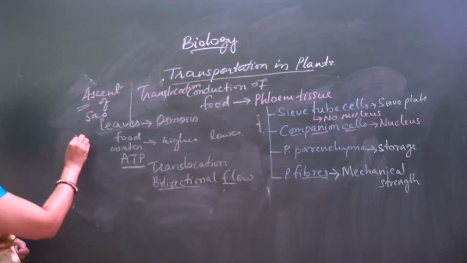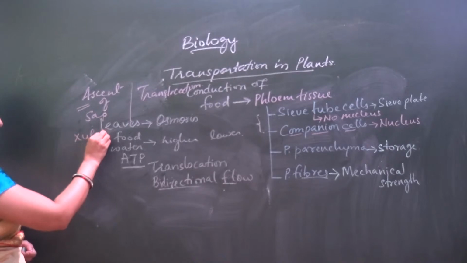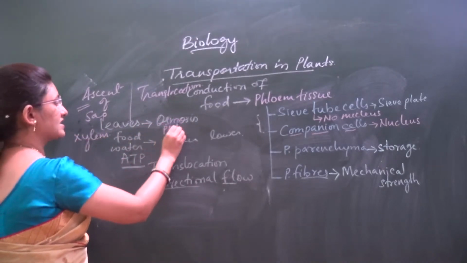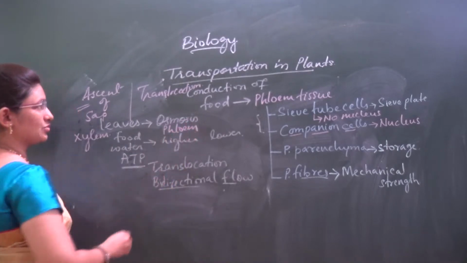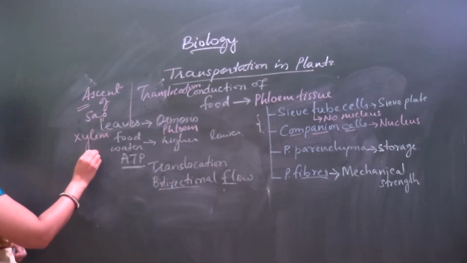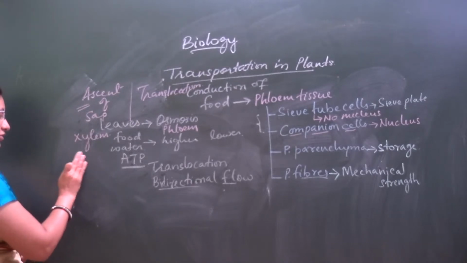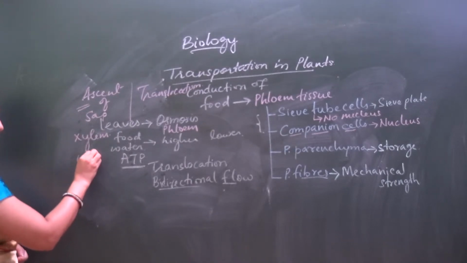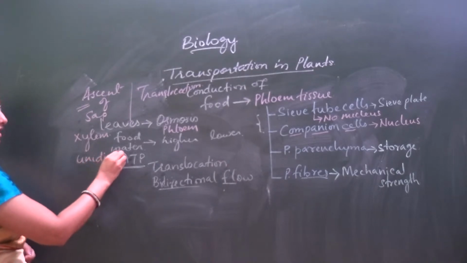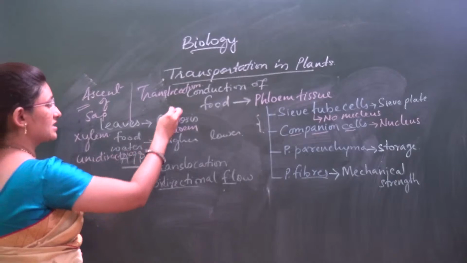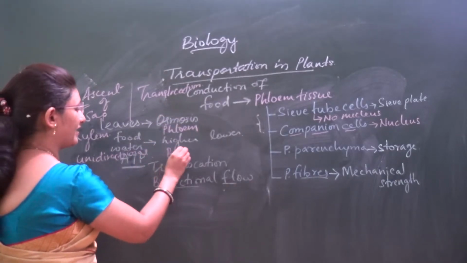It is carried out by the xylem tissue. And translocation, how is it carried out? It is carried out by the phloem tissue. And here, the ascent of sap is a unidirectional flow, whereas translocation is bidirectional.